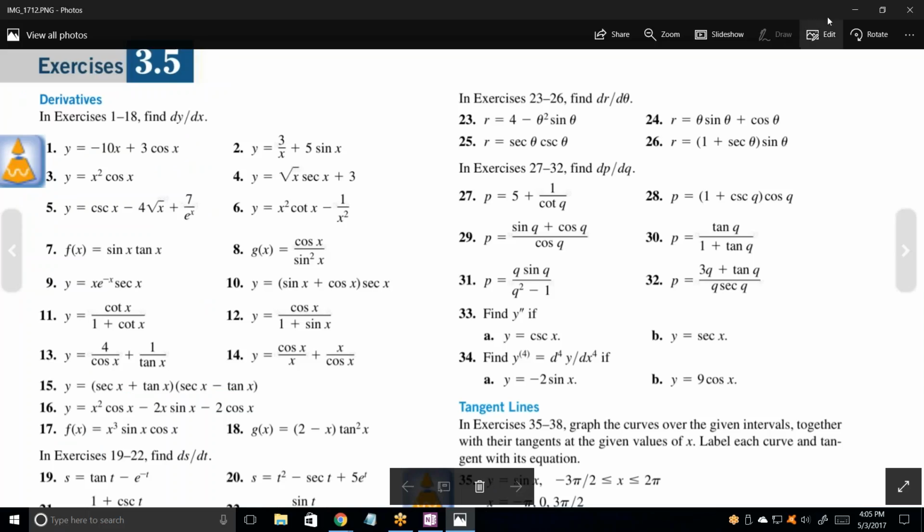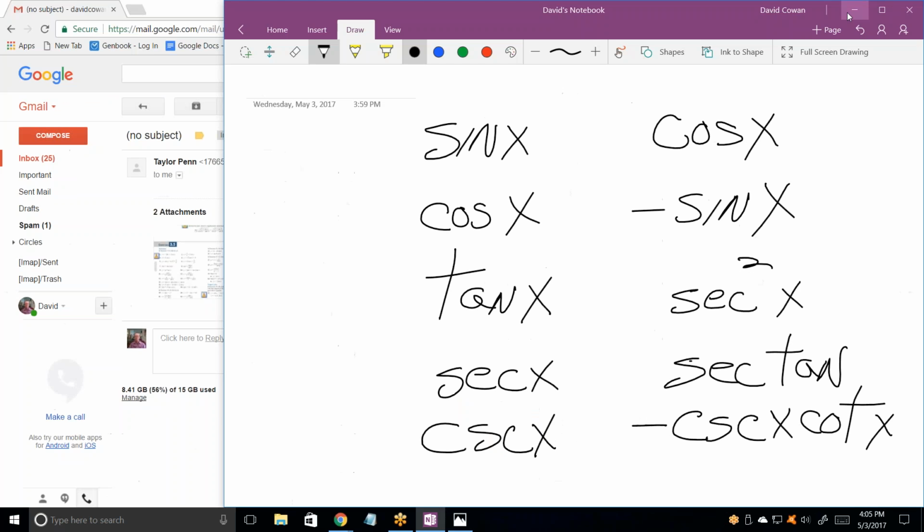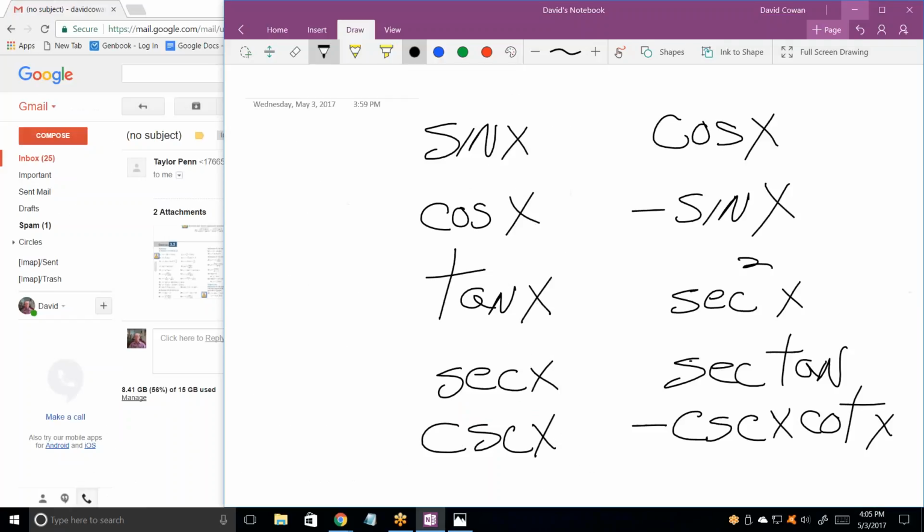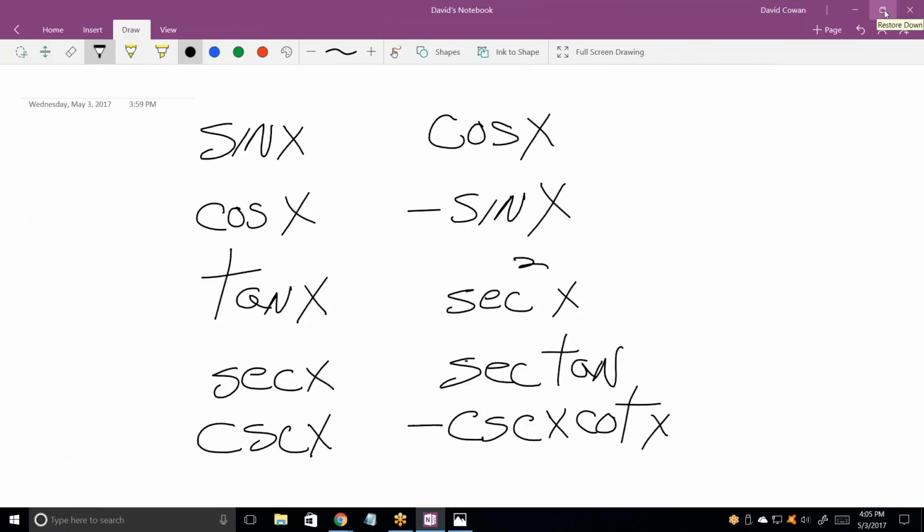Up, up, up, up, up. Sometimes I can't understand why Windows designs it the way it does. Those are the derivatives of your 6 trig functions.